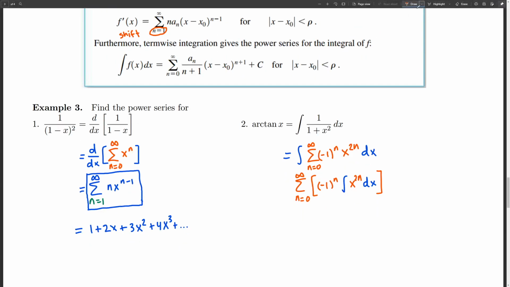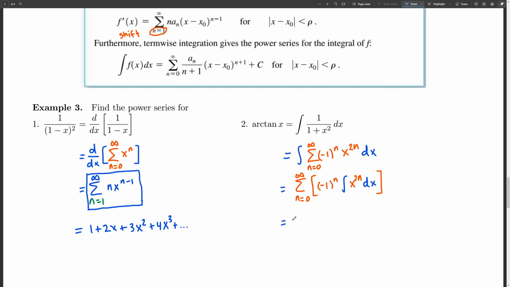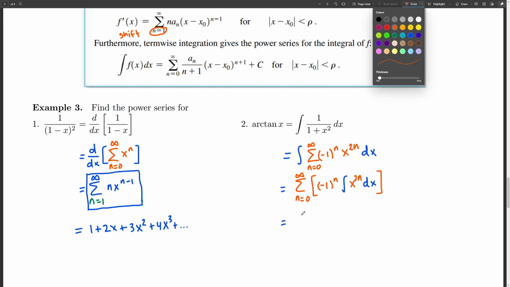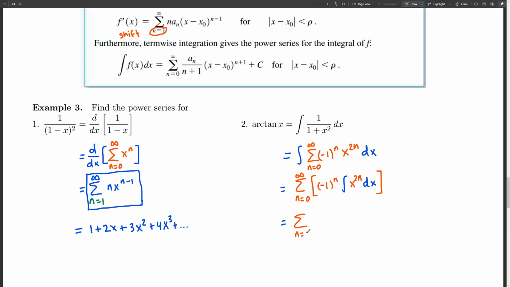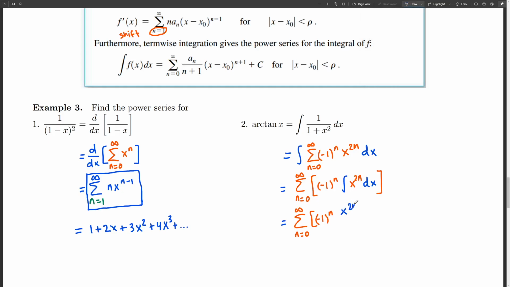So let's take a look at that integral. For that integral, we can use just our regular power rule. And so we still have our summation from n equals 0 to infinity of negative 1 to the power n. And then the antiderivative of that, we have to add 1 to the exponent. So that's 2n plus 1. And then we divide by 2n plus 1.